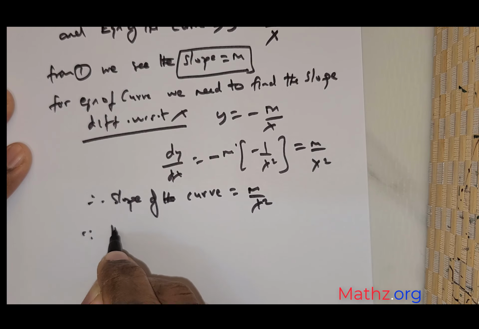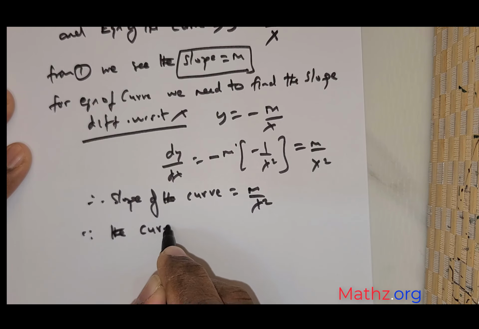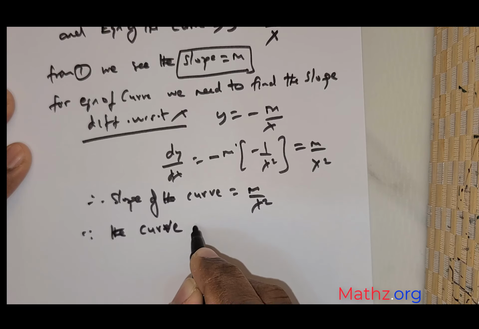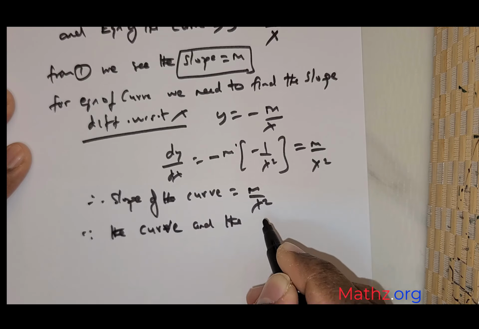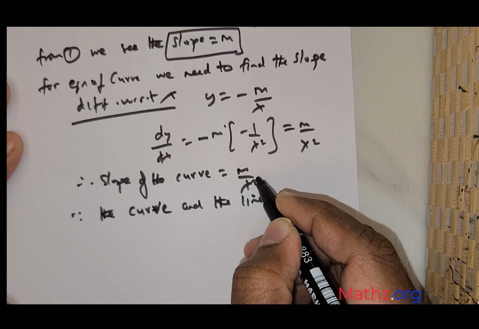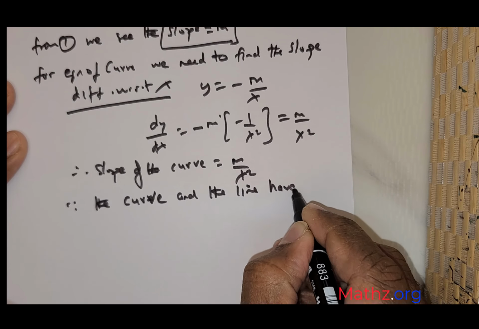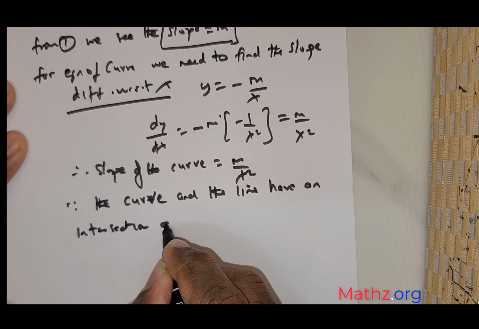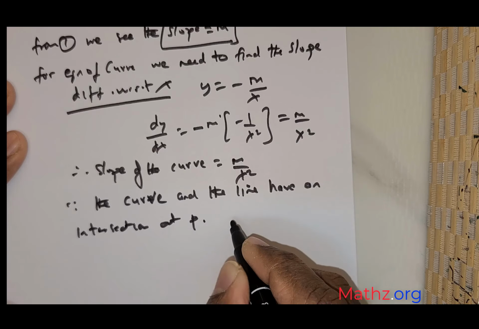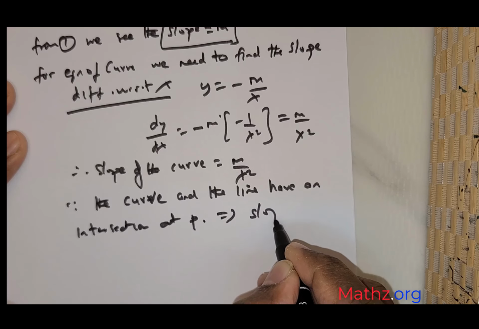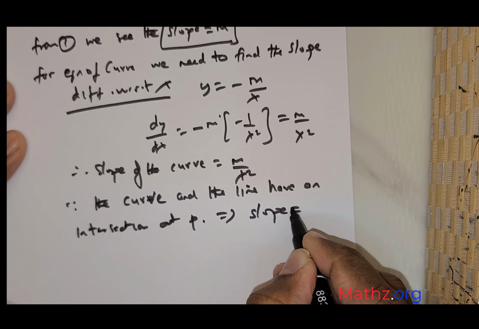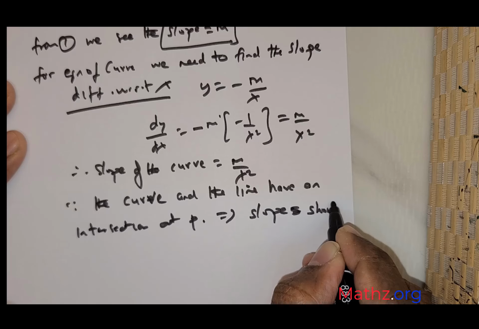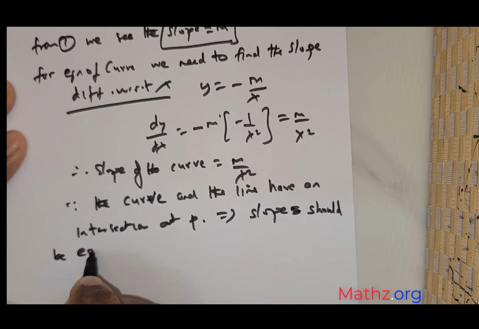Now since the curve and the line have an intersection at P, this would mean the slopes should be equal.